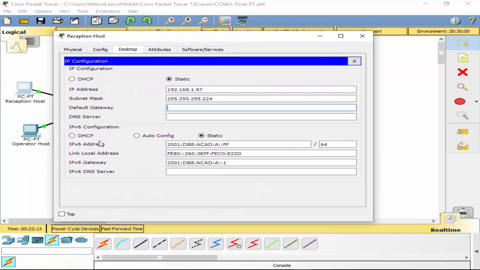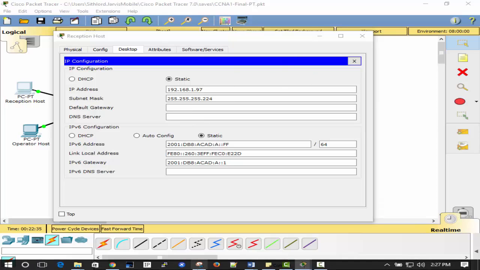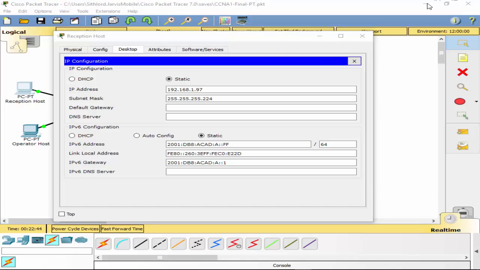You only have to do one, but I'm doing them all. 192.168.1, and what was our default gateway there? It's that router interface, and on the router interface we use the highest of that network, which would be 126. So where is my error coming from? Why won't it let me close that error? Okay. Anyways, 192.168.1.126 will be my default gateway.